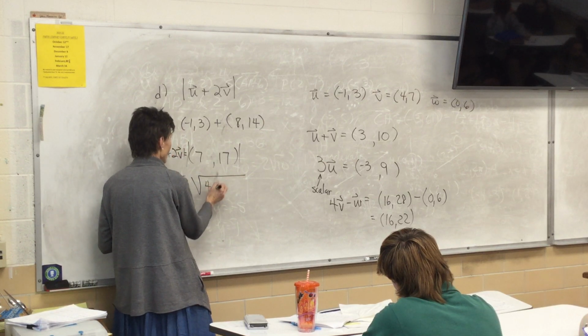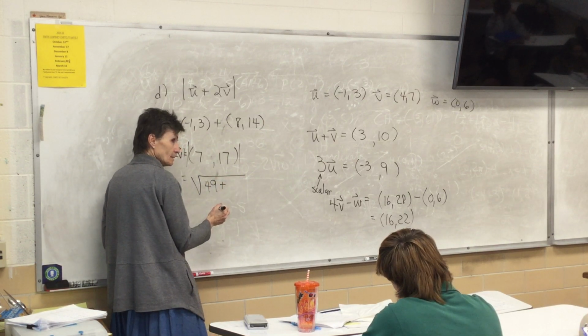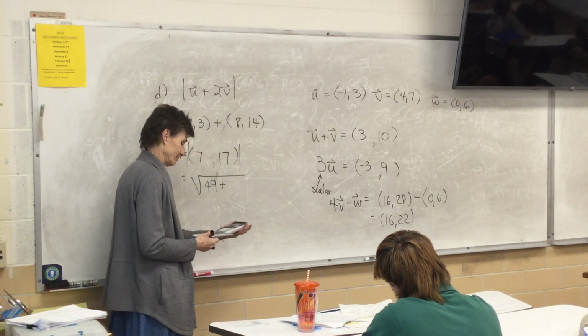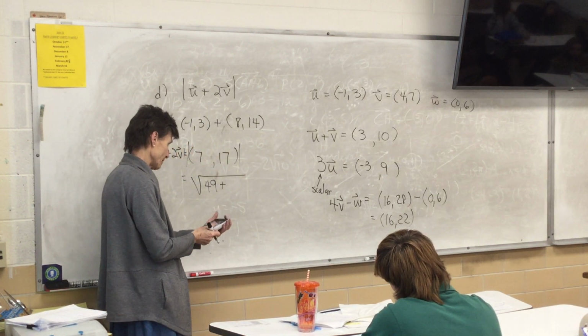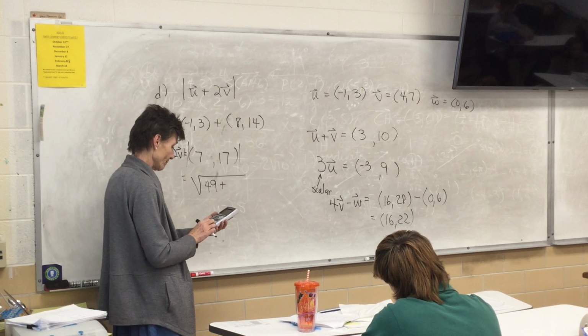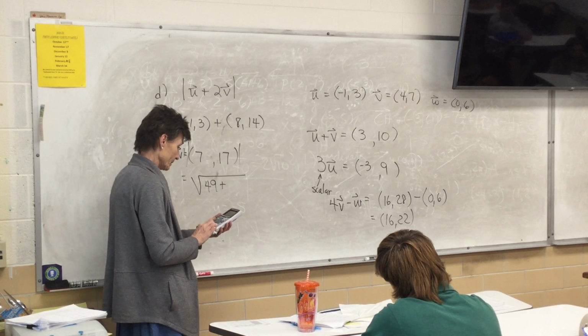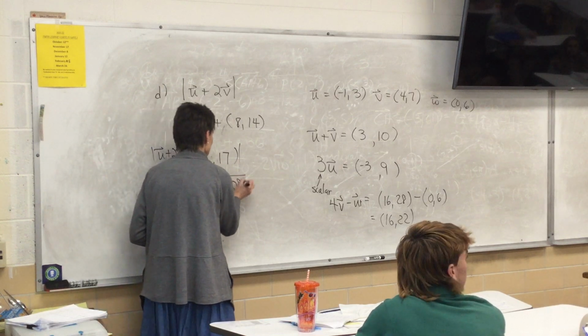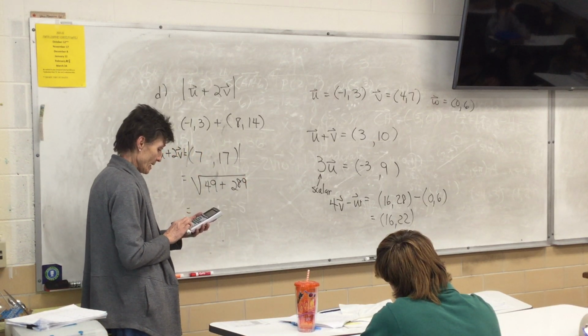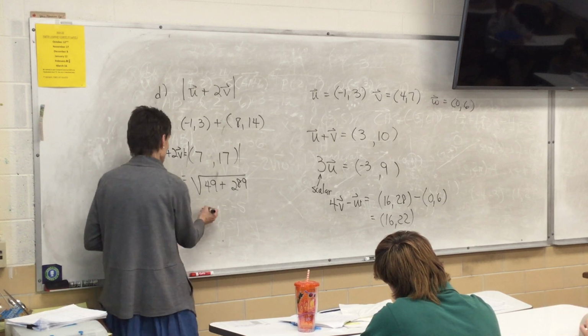Square them both, so 49 plus 289. At some point I had to memorize these, but I was like, fifth grade, that's been a while ago. Yeah, 289. And then add them together and we get 338.